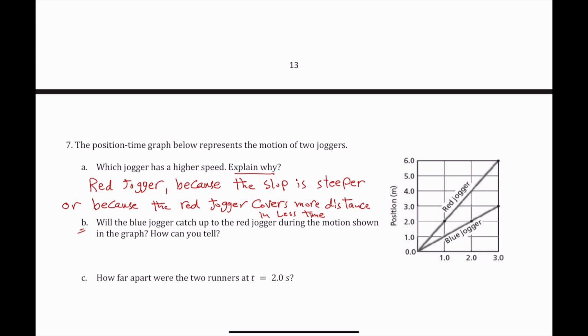B. Will the blue jogger catch up to the red jogger during the motion shown in the graph? How can you tell? From the graph, we can say that no, the blue jogger will not catch up to the red jogger. Why?